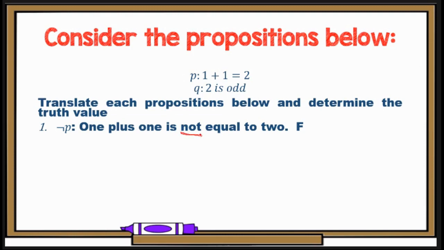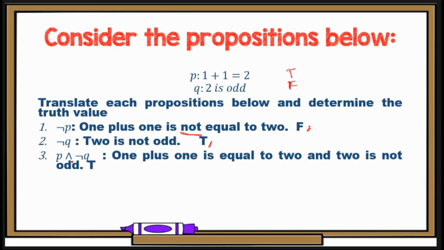This is our keyword for negation: not. Since P is true, the negation will be the opposite. It will be false. Let's go to the second example. We have the negation of Q: 2 is not odd. Since our original proposition, 2 is odd, is false, its negation will be the opposite. The negation will be true. Okay?